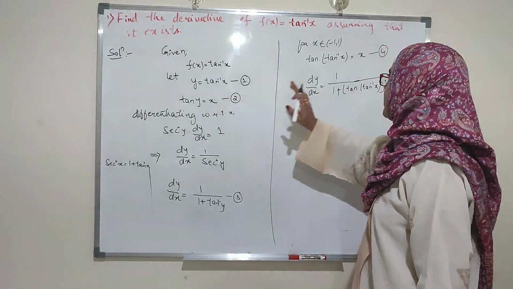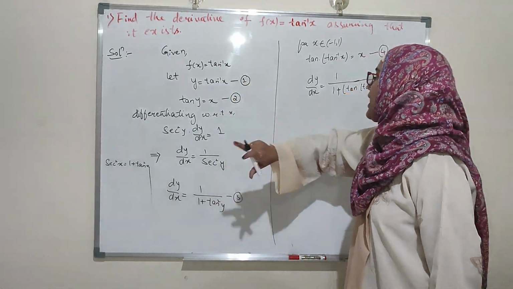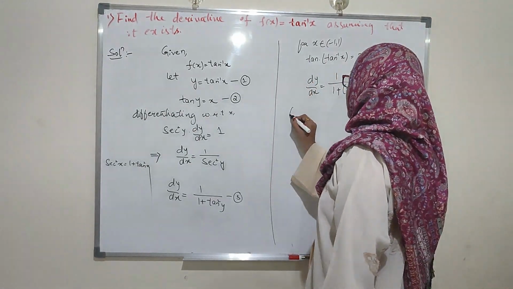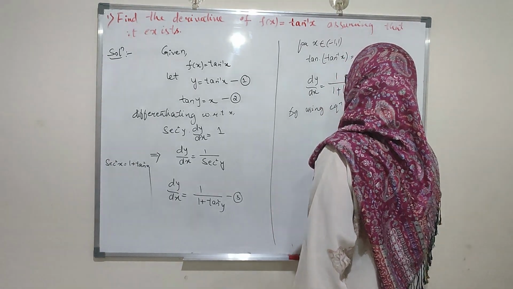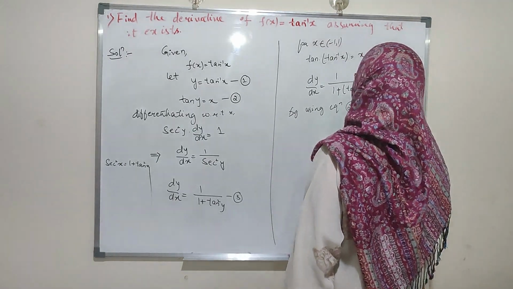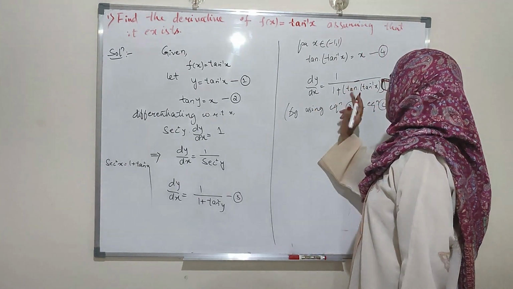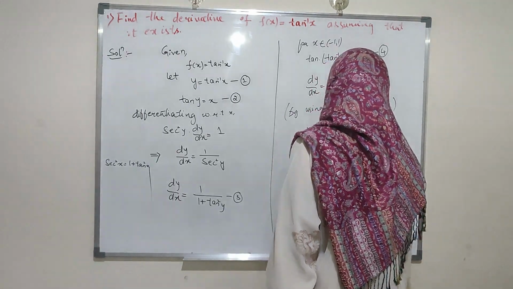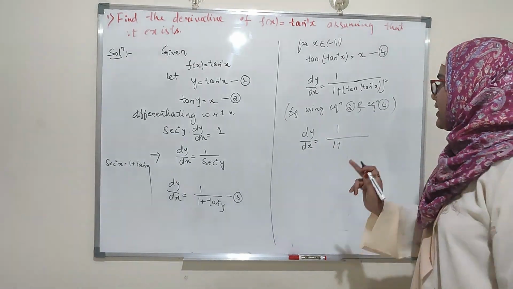By using equation 2 and equation 4, where tan y is x and x can be written as tan of tan inverse of x, we can write dy by dx as 1 divided by 1 plus tan into tan inverse get cancelled.